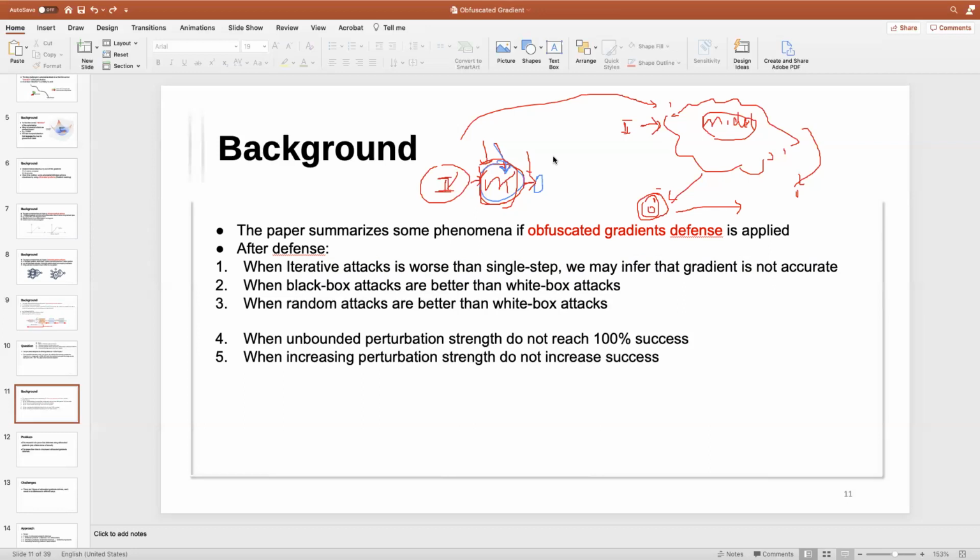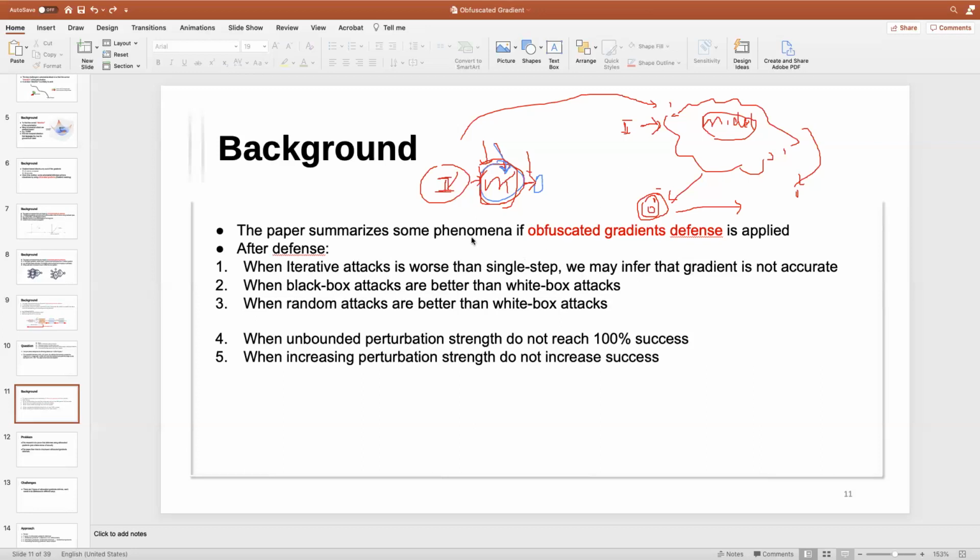Going back to my point here, from these slides, the authors proposed five points for us to infer whether there is an obfuscated gradient defense. Why not we just apply static analysis for the model M prime? Then we know everything there, right?